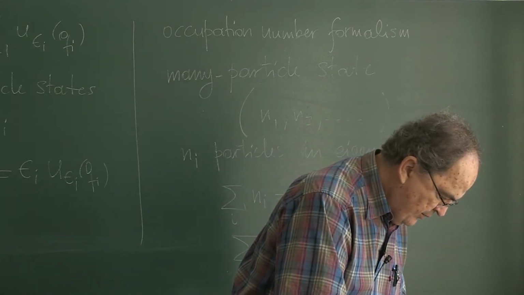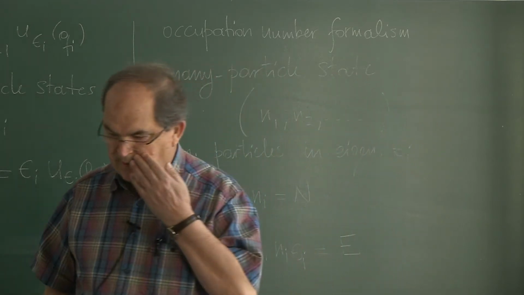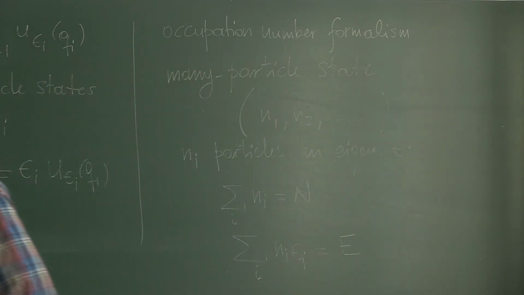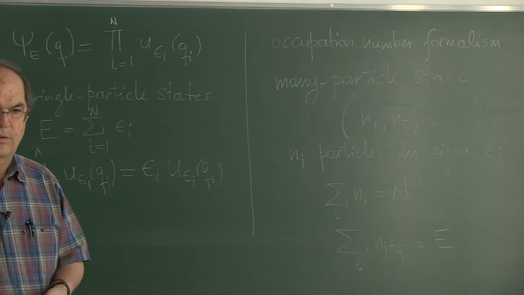Now, what can these particles be? These could be classical particles or quantum particles like fermions and bosons. Now, do you know the difference between fermions and bosons? Kind of.